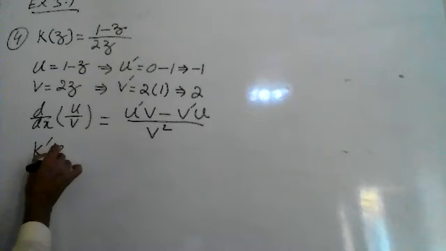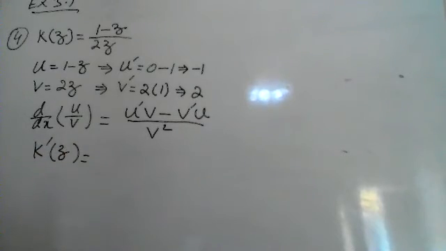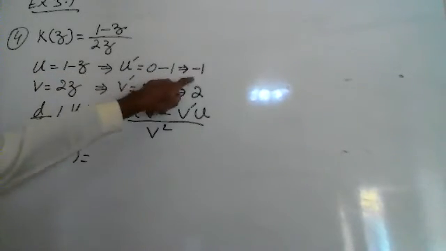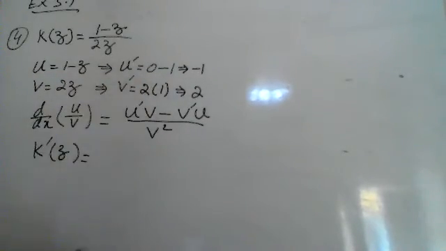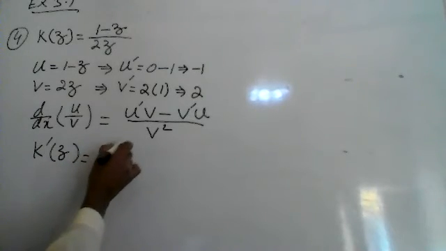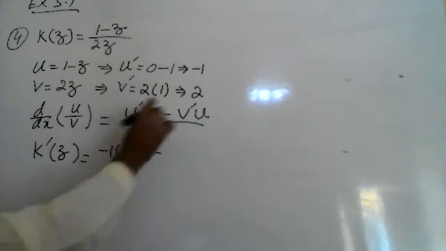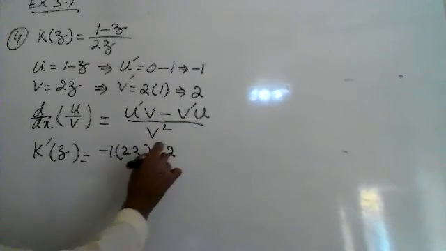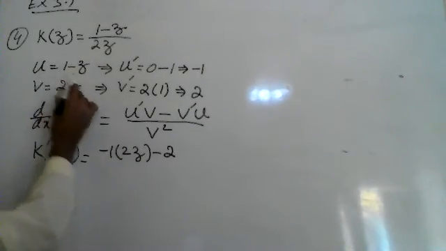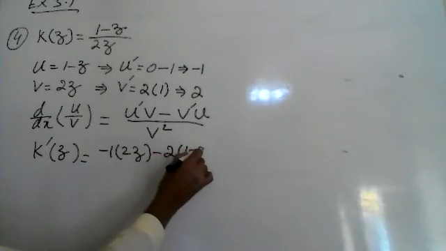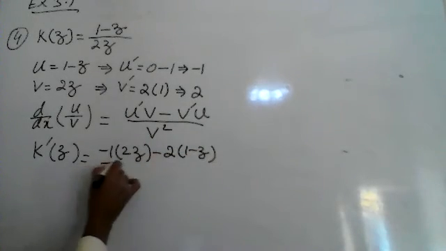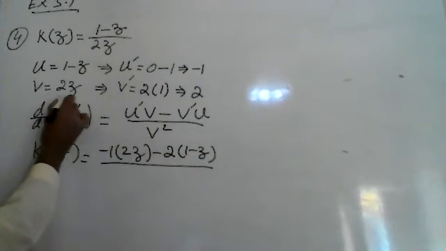K dash z will be equal to u dash, that is minus 1, into v, v is 2z, minus v dash, that is 2, into u, which is 1 minus z, upon v square, that is 2z square.